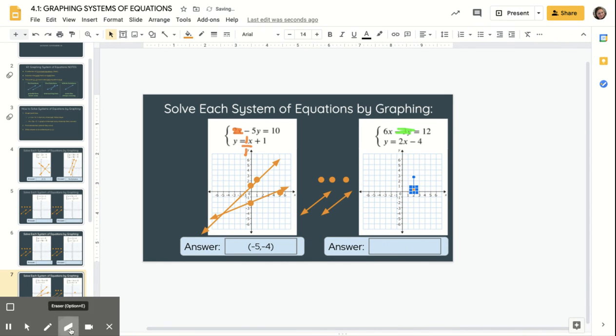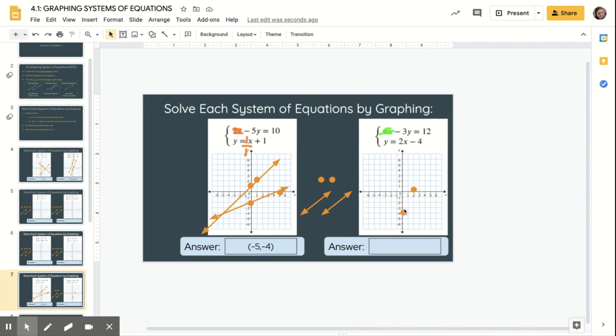And then I'm going to do the same thing, but for my y's. -3 is in front of the y. 12 divided by -3 is -4. And then I'm going to draw my line through those 2 points.